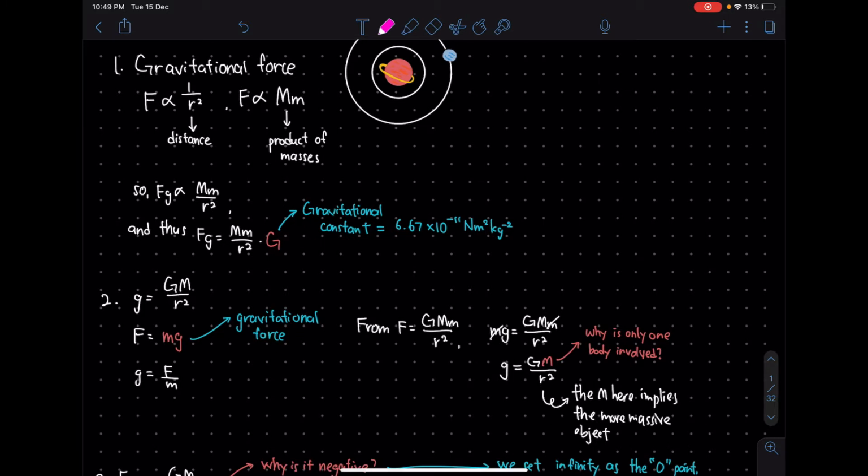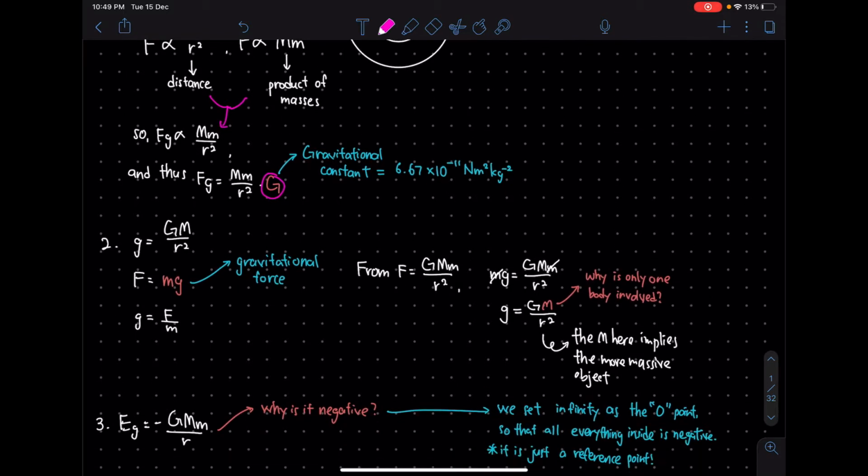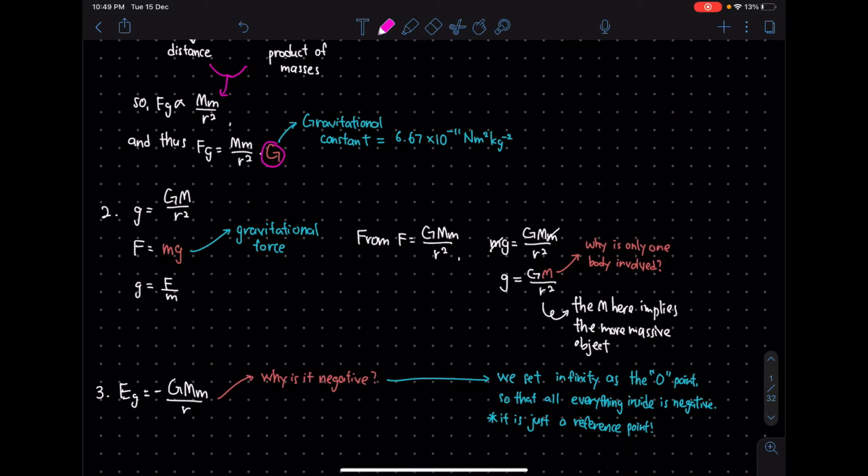By knowing these two, we can combine them and yield this equation. And to remove the proportional symbol, we will introduce a constant of proportionality, and this is the gravitational constant. It's really just like that. It's quite simple for this one.